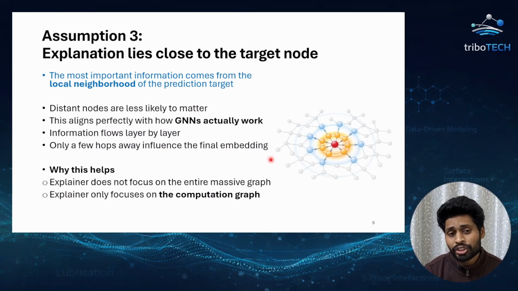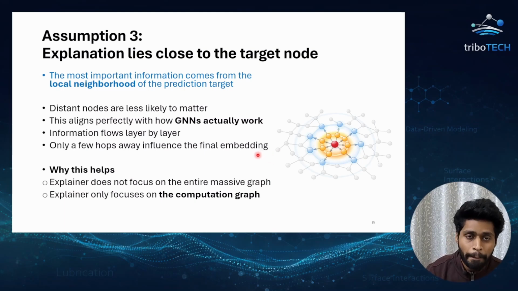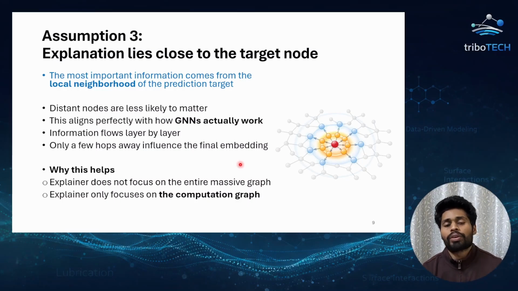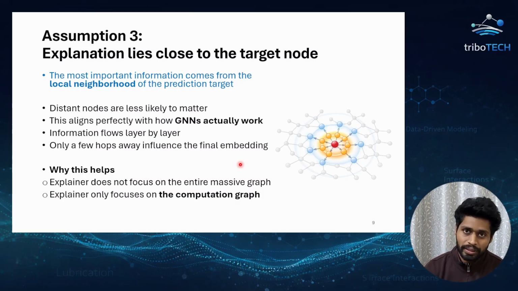So this assumption helps the explainer by not focusing on the entire massive graph, and only focusing on the computation graph in the local neighborhood. This also reduces a lot of computational load on the explainer.